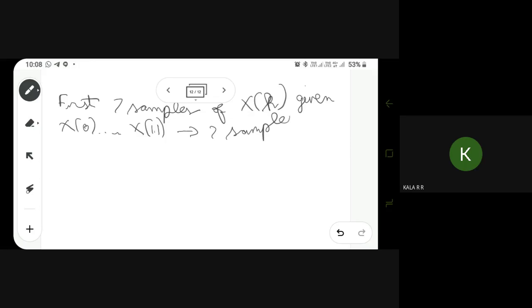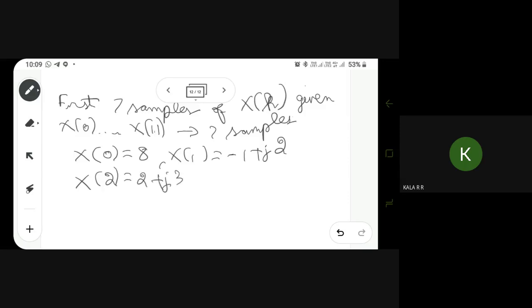So what are those? First x of 0. It is given that x of 0 is 8. X of 1 is equal to -1 plus j into 2. Okay, x of 2 will be equal to 2 plus j into 3. Okay, x of 3 will be equal to 1 minus j into 4.